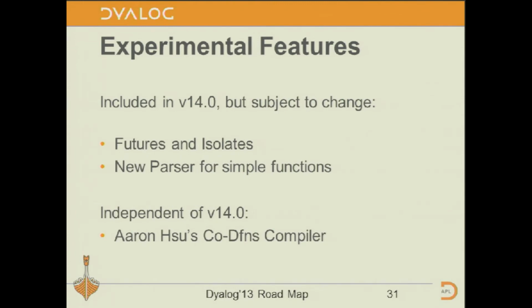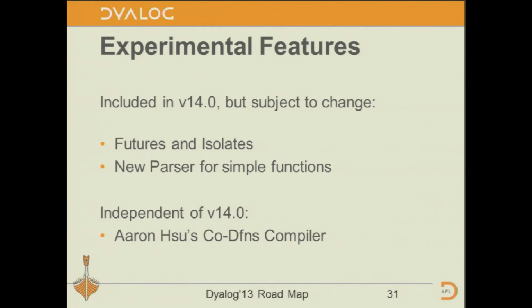So the futures and isolates, which is an easy way for you to declare where the parallel sections are in your code, do parallel each, for example, and actually have it execute on separate cores, is something we're releasing. It's modeled in APL. We hope that you will look at it and give us some feedback, and then maybe in 1 or 2 releases we'll actually build them in as primitives.